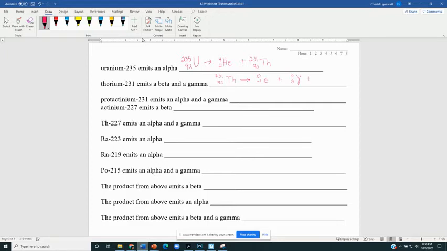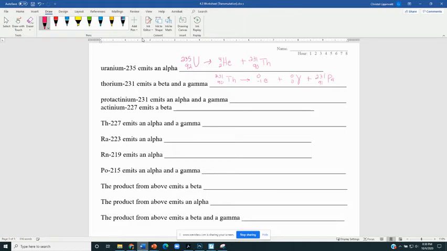Now we need to figure out whatever else has been left behind. So we think of this as a 2-step math problem. So 231 equals 0 plus 0 plus, that's going to be 231. And then down here we have 90 equals -1 plus 0 plus, that would have to be 91. And then look up on the periodic table for number 91, and it's Pa.